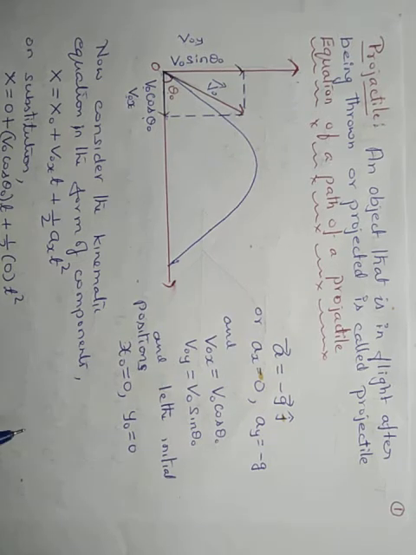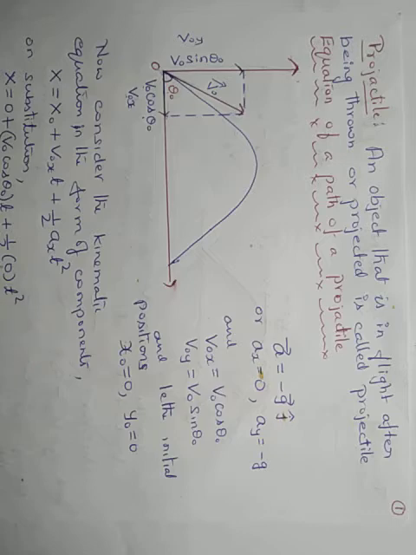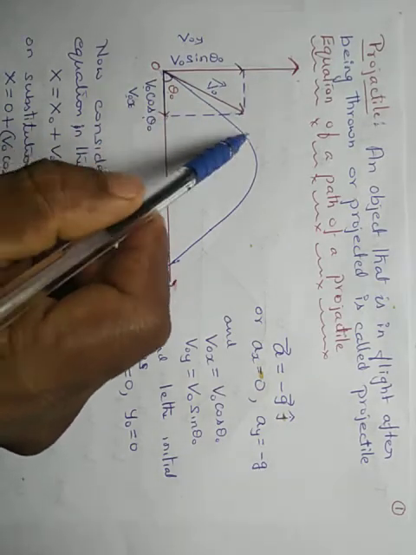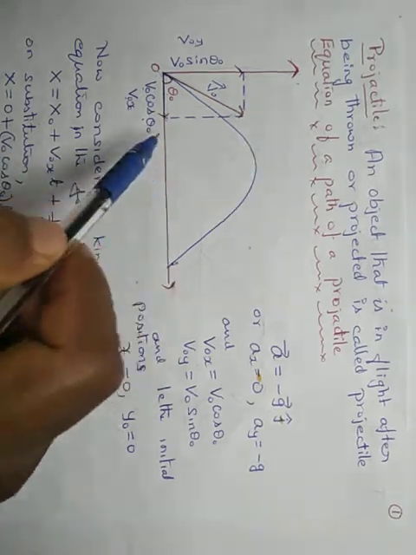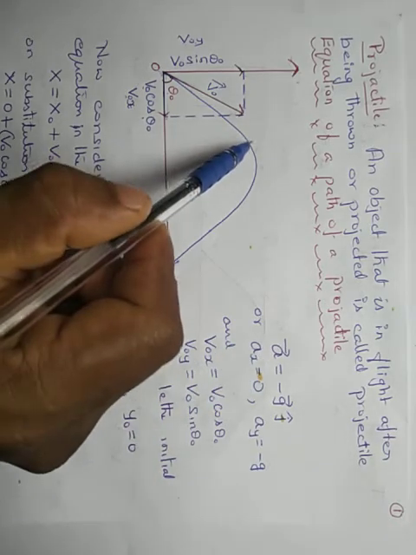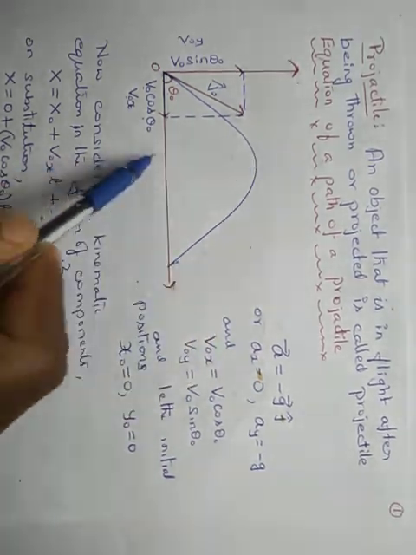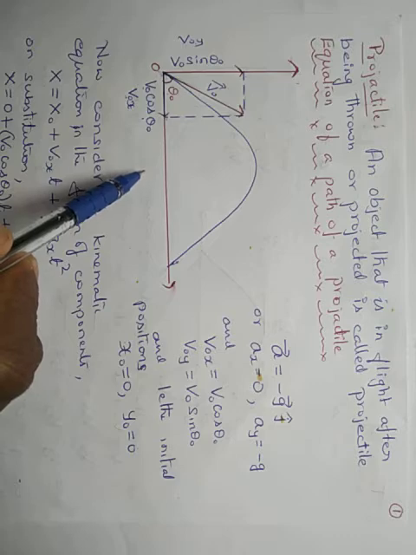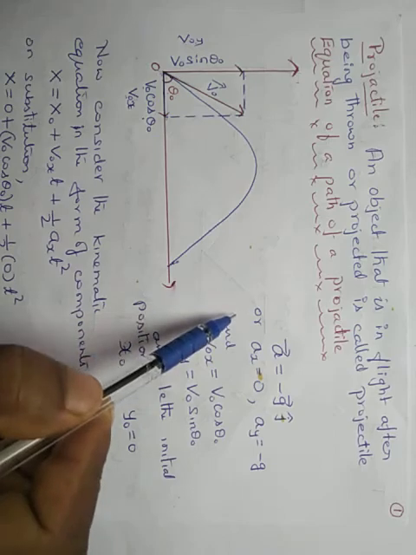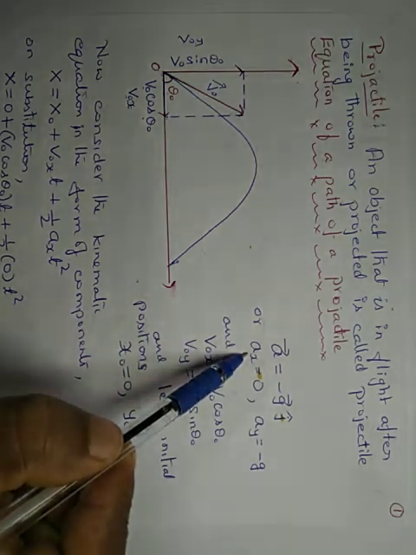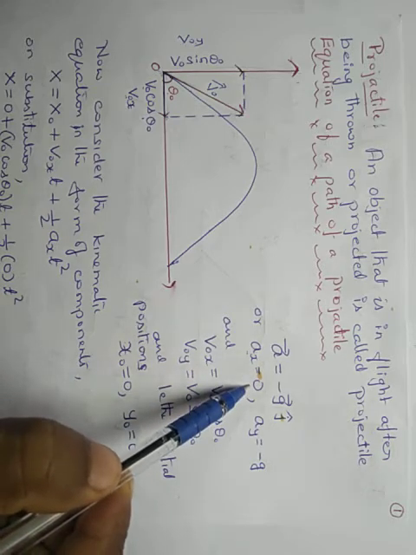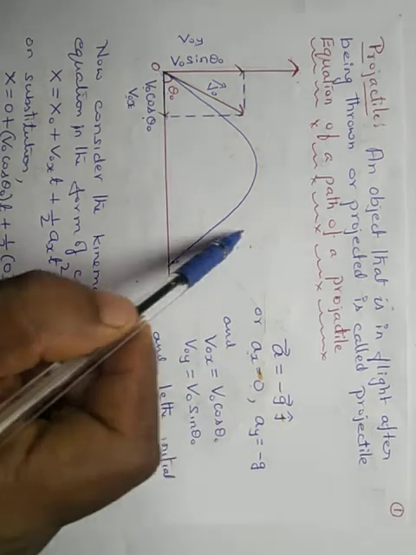When the object is in motion, it moves under the effect of gravity. So the acceleration due to gravity is along the negative y axis. There will be no acceleration along the x axis. Therefore a x is 0 and a y is minus g.